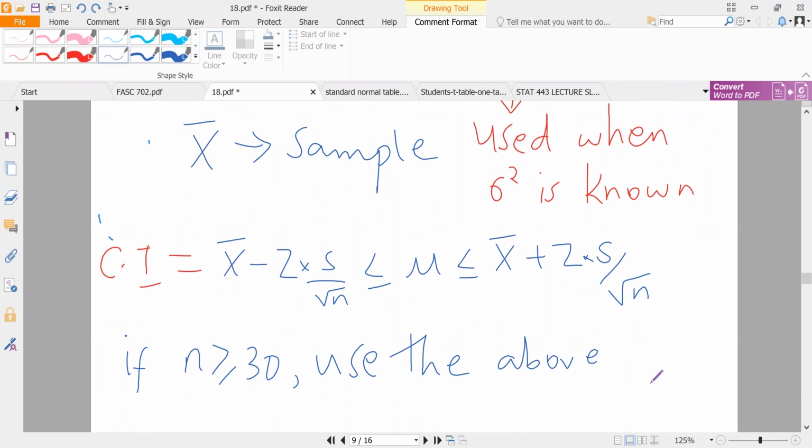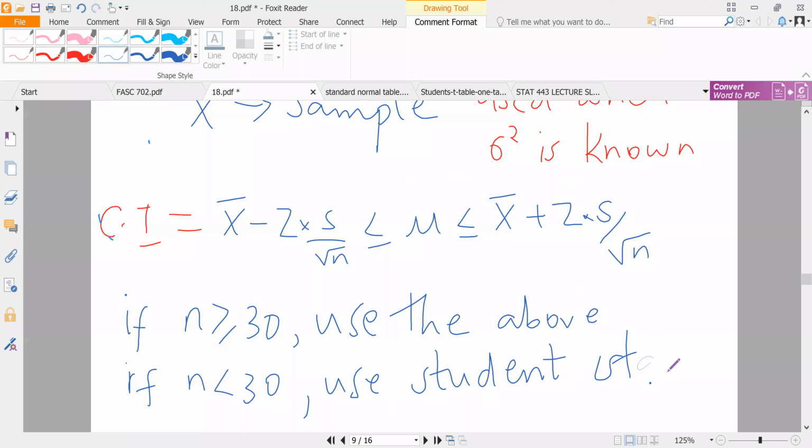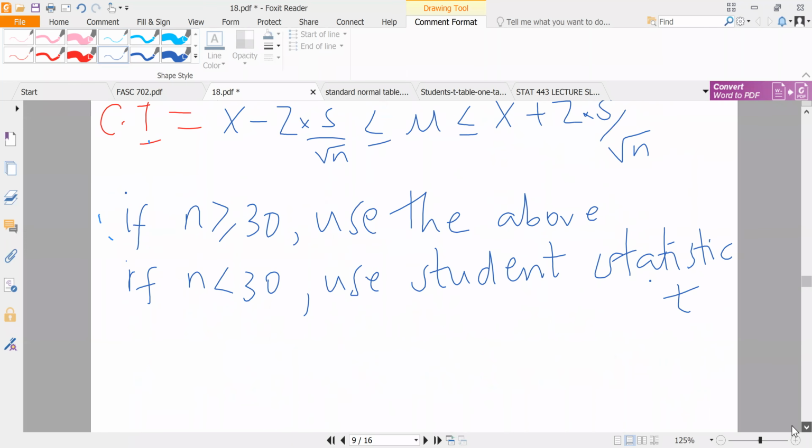However, if n is less than 30, then we use the student's distribution. We use the student statistic T. So in place of Z, we are going to have T at n-1 degrees of freedom.